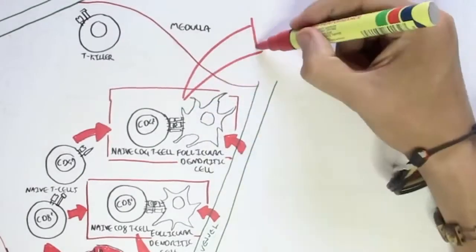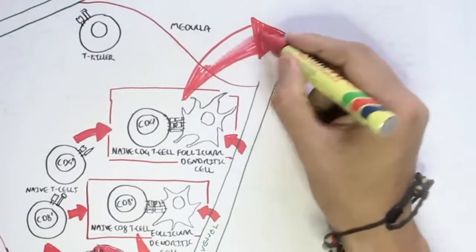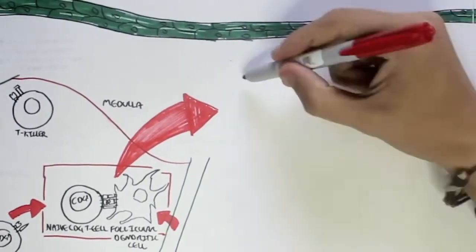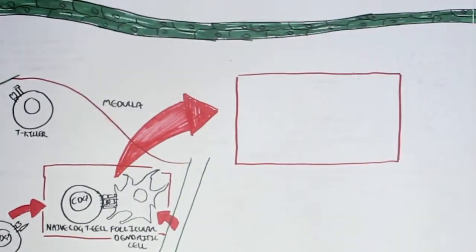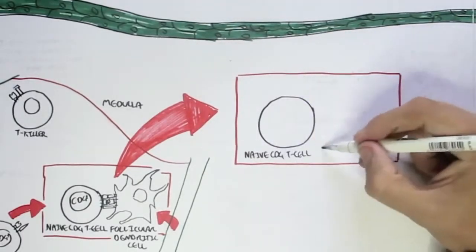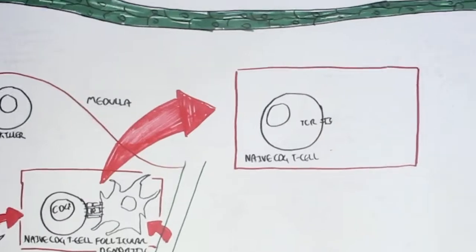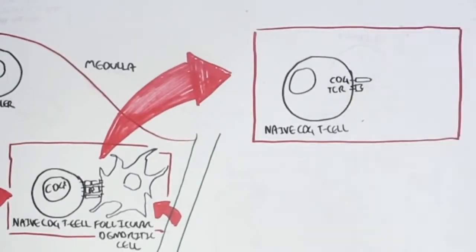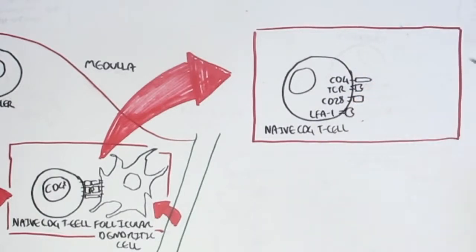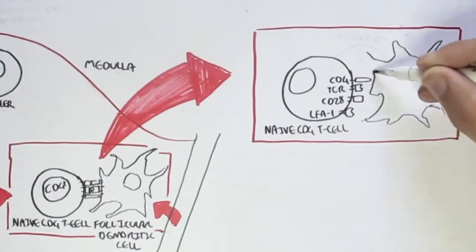So here we have the naive CD4 T cell. Let's look at some important receptors as we did with the naive CD8 T cell. The naive CD4 T cell also has the TCR, which is the T cell receptor. It has a CD4 co-receptor, and it also has CD28. Another important protein it expresses is called LFA1.